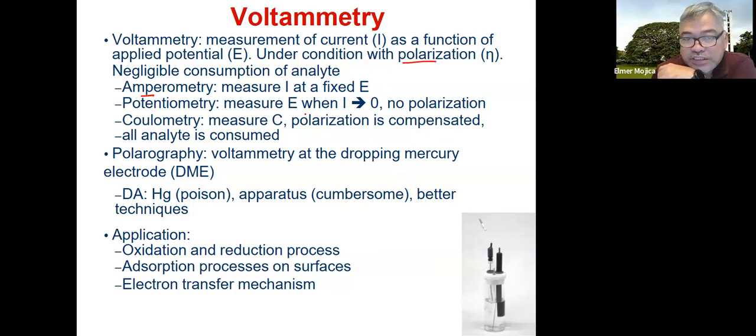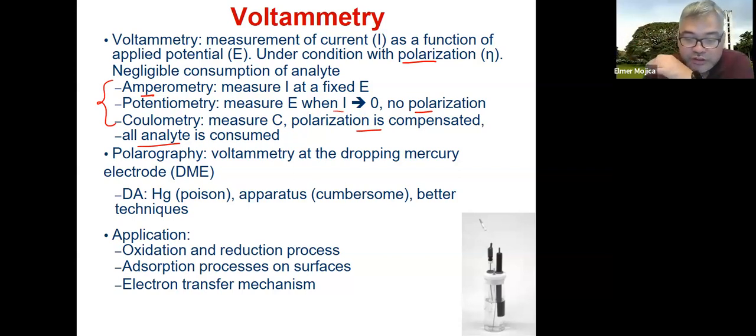In potentiometry, you measure the potential when the current is 0, and that means you have no polarization. In coulometry, the polarization is compensated, and in all of these techniques, the analyte is consumed. But in voltammetry, there's a negligible amount of the analyte that is consumed.